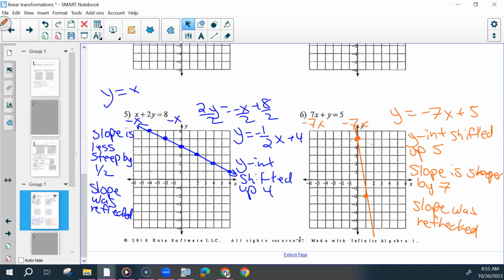Let's see if we have questions on either of those 2. If we don't have questions, I want you to just be careful because the graphs are numbered by 2 instead of by 1.